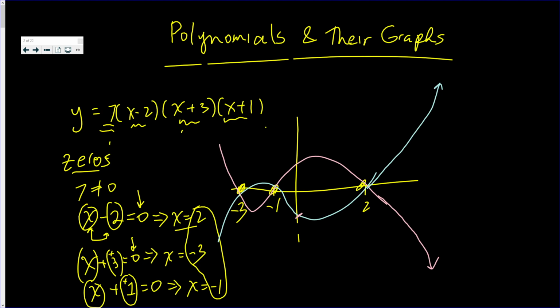So think of x large. 7 is positive. A really large number minus 2 is positive. A really large number plus 3 is positive. And a really, really large number plus 1 is positive. It is going to be positive. So the answer is the blue graph.